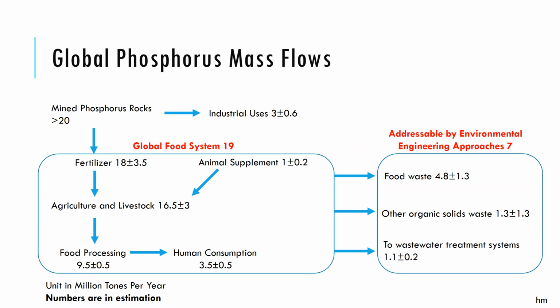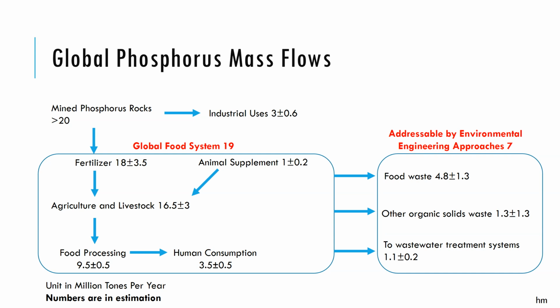What this tries to do is tell you how we see phosphorus move through our society, starting off with phosphorus that's mined. Some of it's diverted into industrial uses, but we see a large chunk of it end up in the global food system, which you can see how it's being consumed.